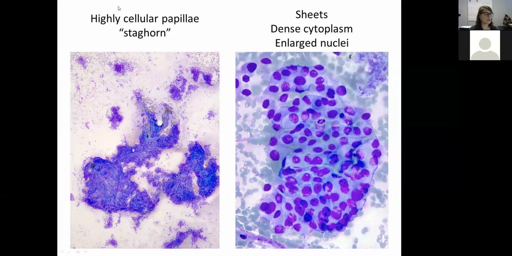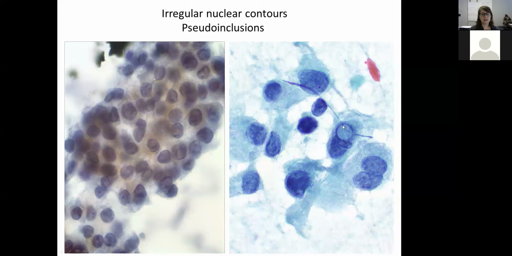Okay, moving on to a highly cellular specimen with these kind of branching or staghorn structures, sheets of cells with very dense cytoplasm, wrinkled nuclei. And on the next slide, we're going to see the most characteristic feature, I think hopefully you guys can appreciate, these intranuclear cytoplasmic pseudoinclusions here and here, being the cytoplasm that's invaginated into the nucleus.